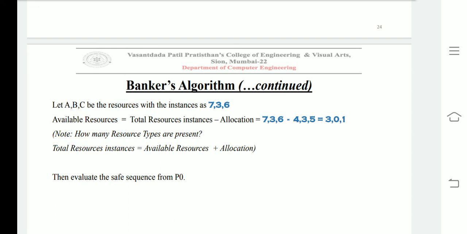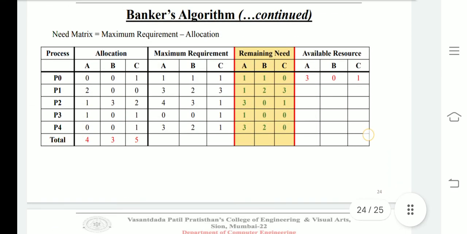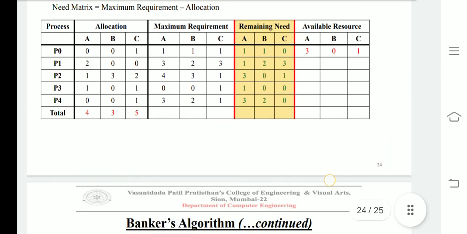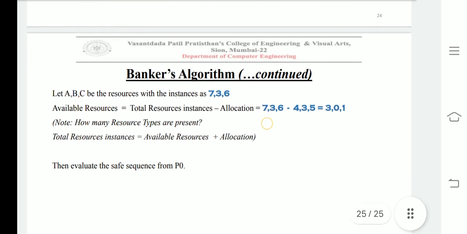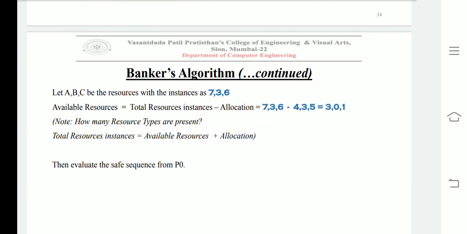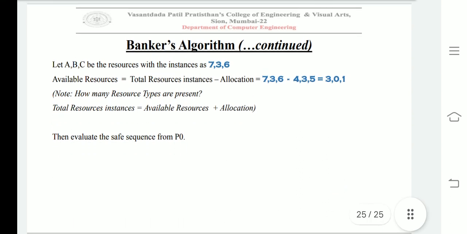Then you need to consider this value 3, 0, 1 as the new availability, and solve this example starting from P0 till P4, so that you get the safe sequence. In this way you need to solve the 3 examples which are of different kinds. Thank you.